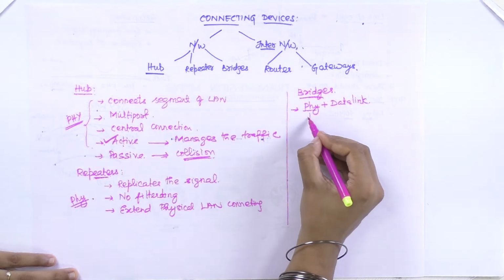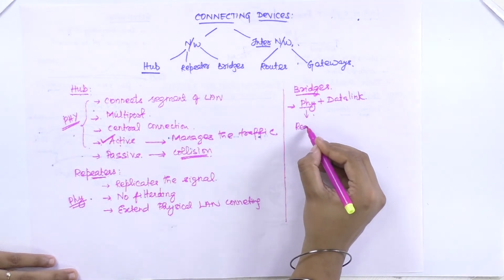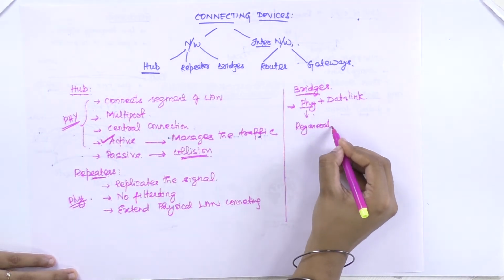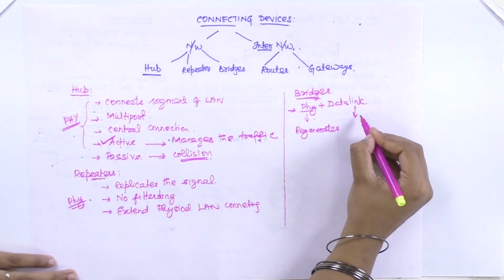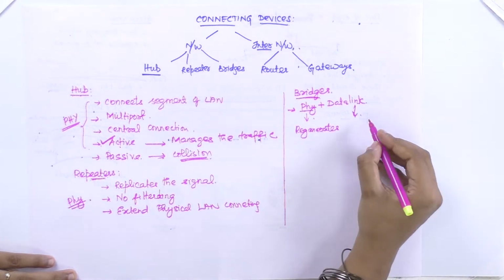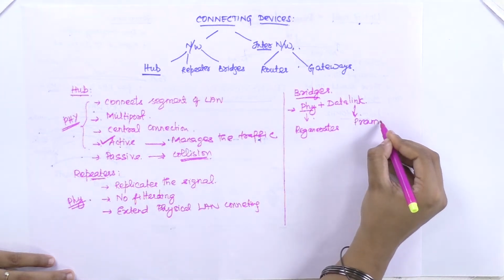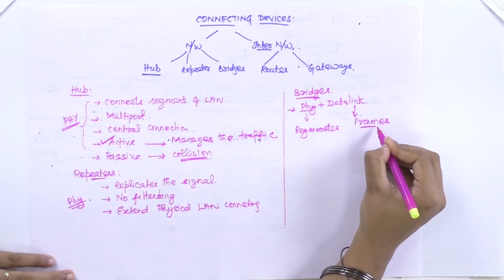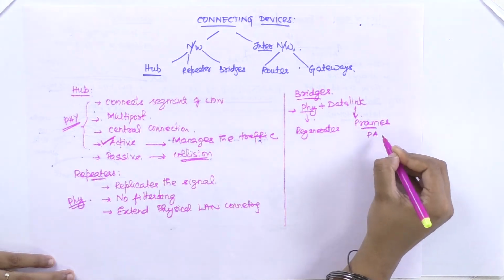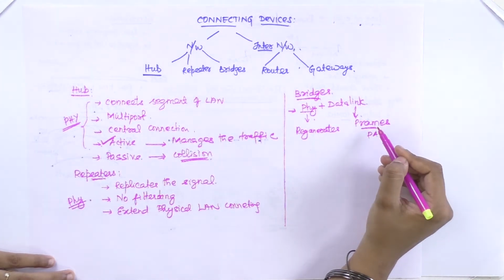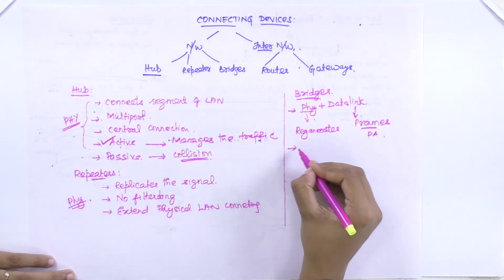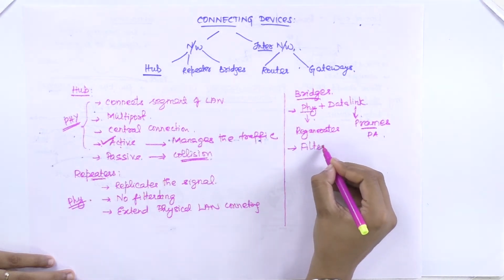At the physical level, it regenerates the signal. At the data link layer, it checks the frames, whether the frame contains the physical address in the packet. So this in turn has the filtering capacity.